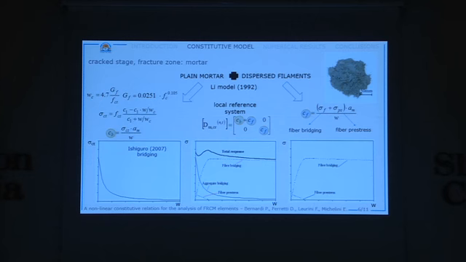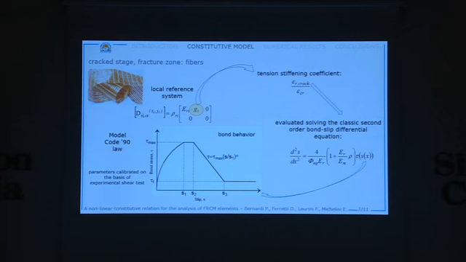So we can write this crack stiffness matrix for the mortar in the local reference system of the crack. For the fibers, this is the crack stiffness matrix written in the local reference system of the fiber grid itself.